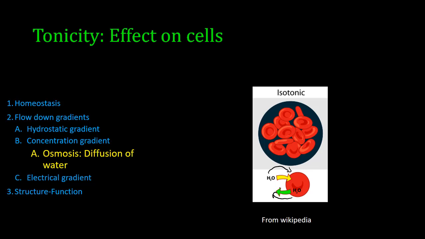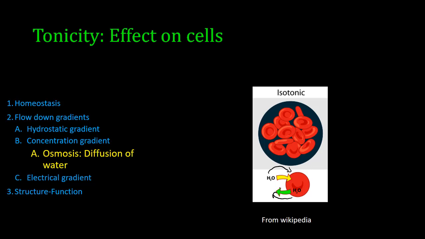So if we imagine that no solutes in our solution cross the cell membrane and nothing from inside the red blood cell goes back out into the solution, then the osmolarity of the solution we dump the cell into would be the same as the osmolarity inside the red blood cell.